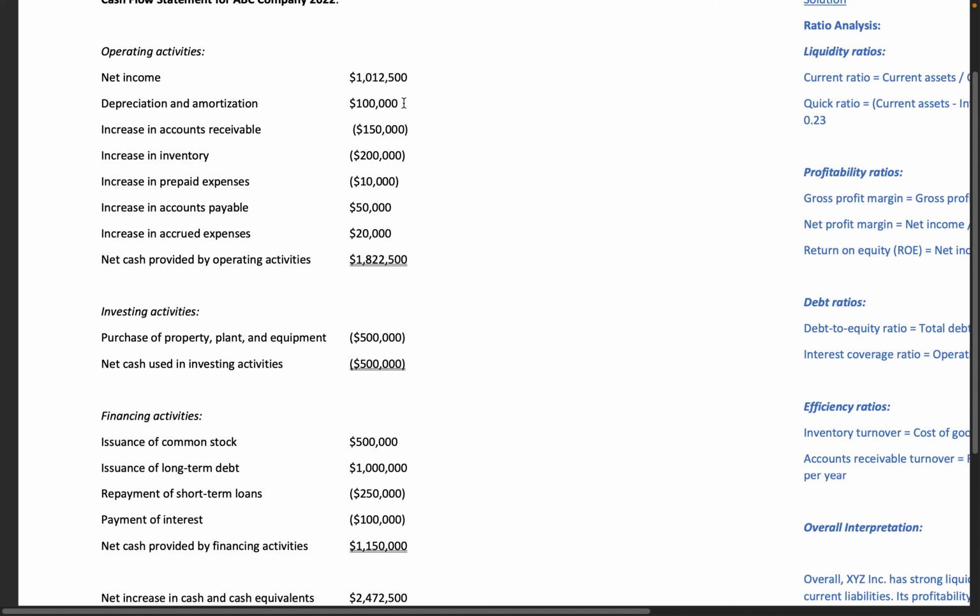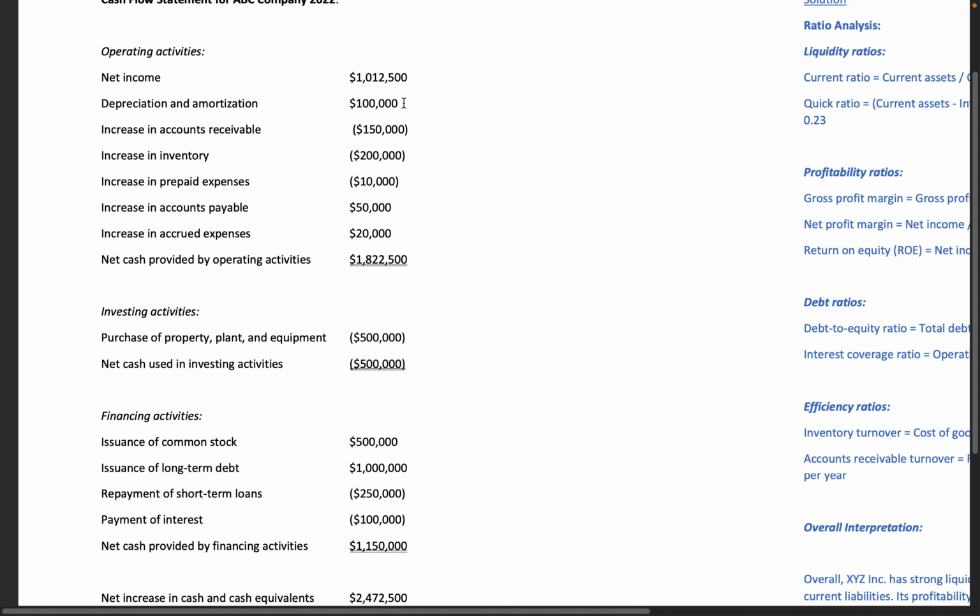Increase in accounts payable, so services or goods that we purchase we haven't actually paid for, and that comes in as a positive cash flow because we haven't actually paid for it. And an increase in accrued expenses in the same vein appears as a positive cash flow.